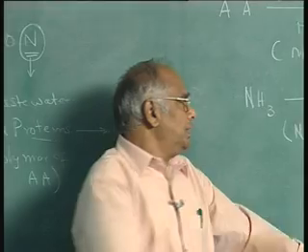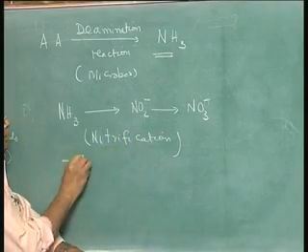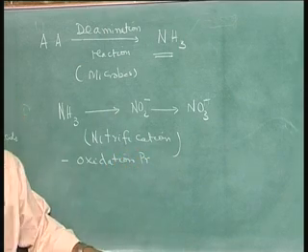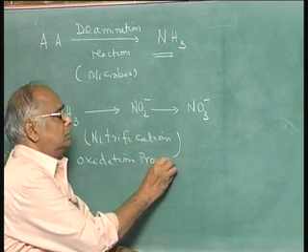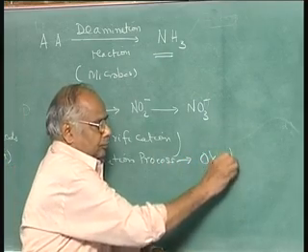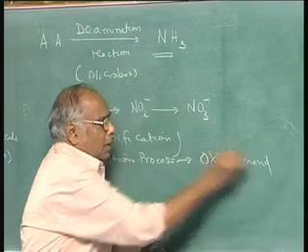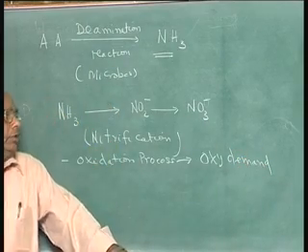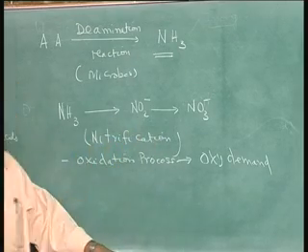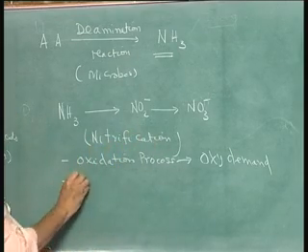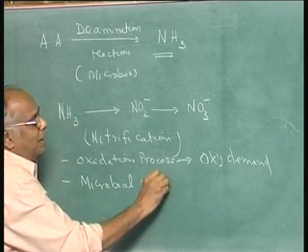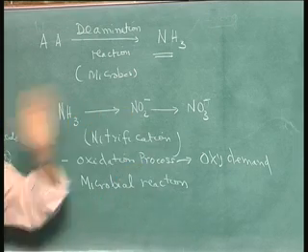During this process, which is an oxidation process, oxygen is required, and this has an oxygen demand. Ammonia exerts oxygen demand for conversion to nitrite and nitrate. So, this is called nitrification. This is again a microbial reaction. There are two types of microorganisms which bring about this reaction.